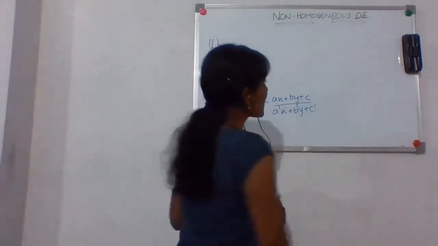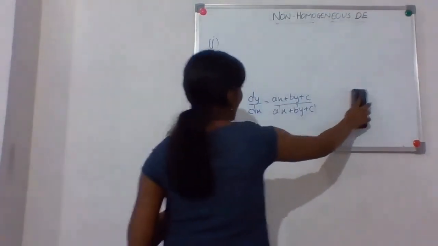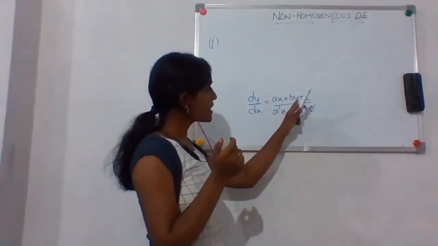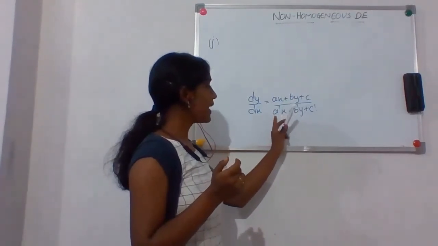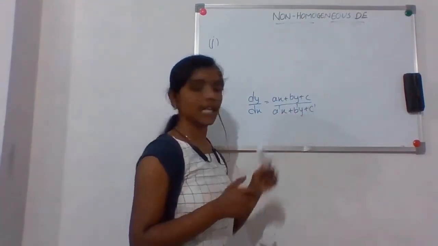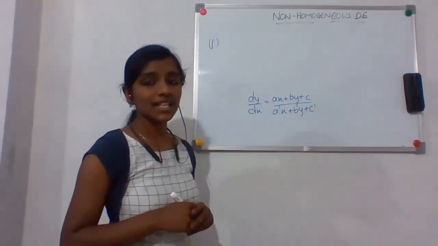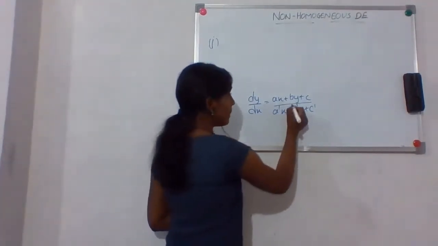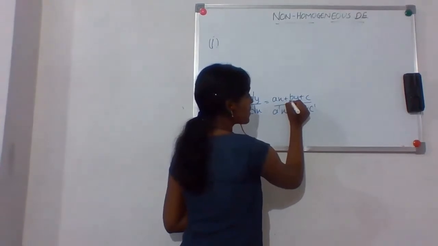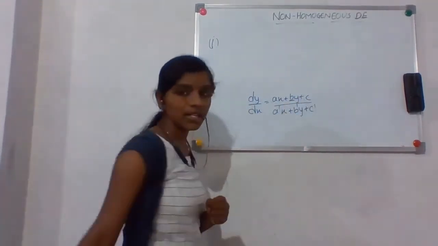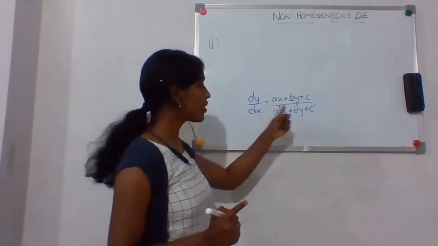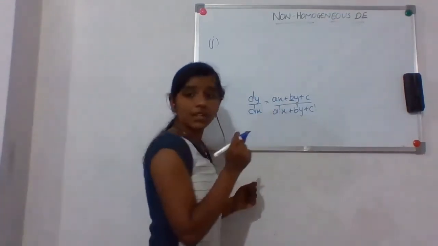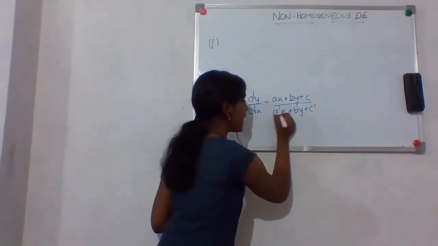So now let us discuss the first case in this. Let me put it over here: (ax plus by plus c) by (a dash x plus b dash y plus c dash). So the first case looks like this. b is the coefficient of y in the numerator, and the coefficient of x in the denominator is a dash.